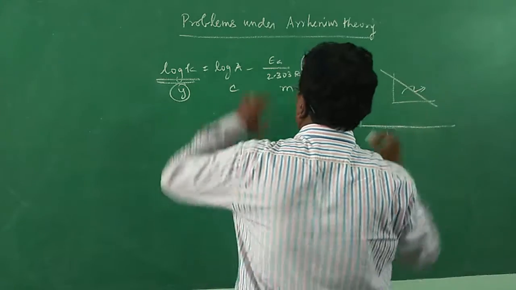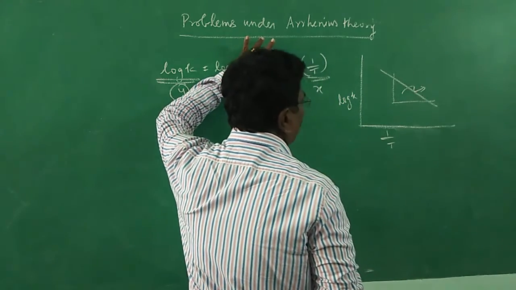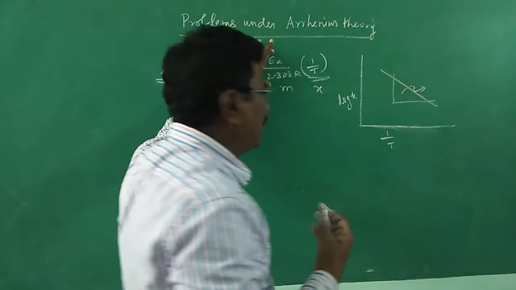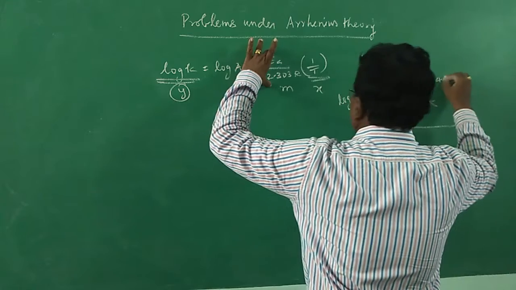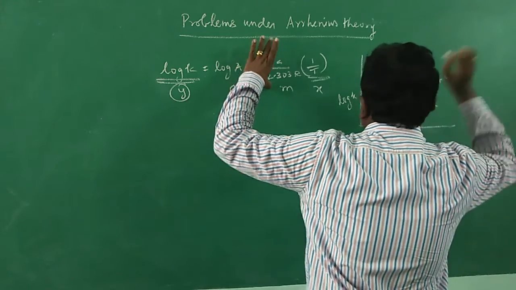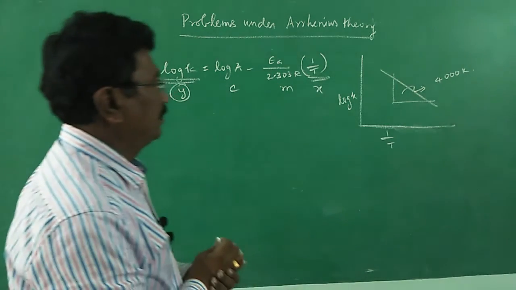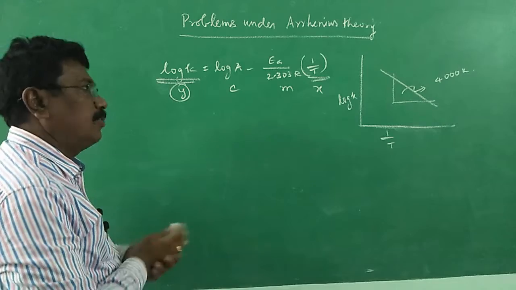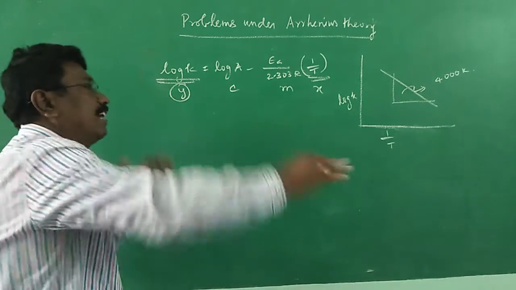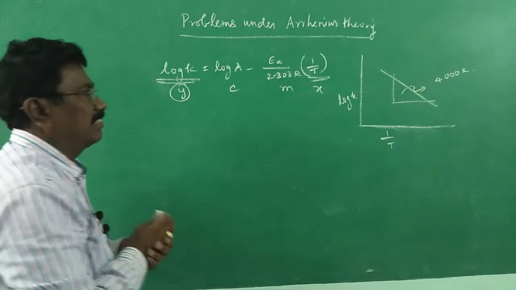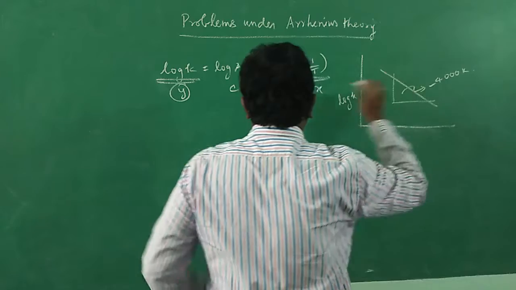The value of slope is nothing but Ea by 2.303 R, which they are given in the sum as 4000 Kelvin. Of course, minus 4000, because it is a negative slope. Minus and minus get cancelled. They have given the slope value.